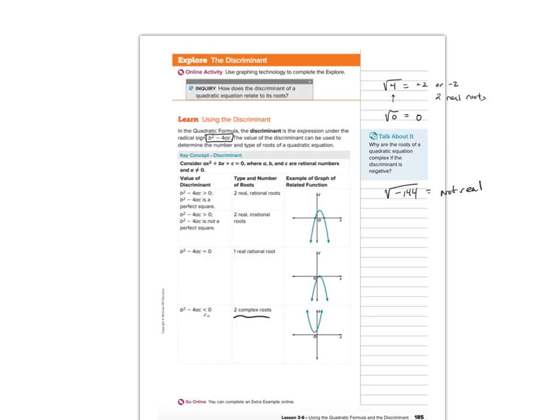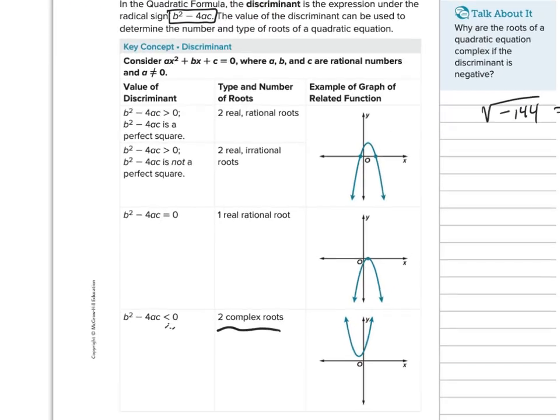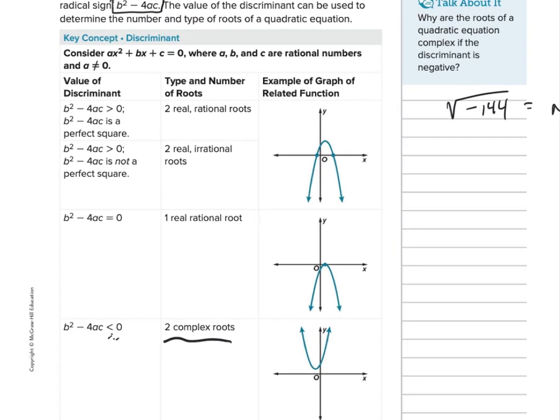So being able to understand that, and then just seeing here that, again, if it's greater than 0 or positive, that means we have two real rational roots. If it is greater than 0, but not a perfect square, what we're finding out is that your answer could be x equals the square root of 2.